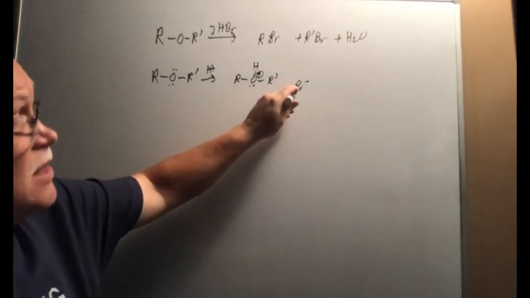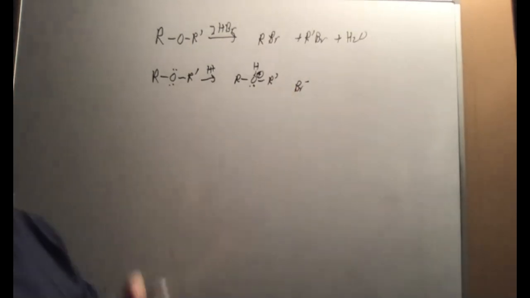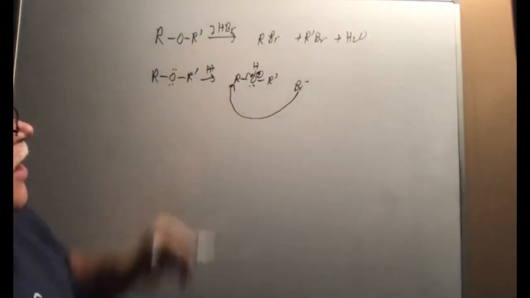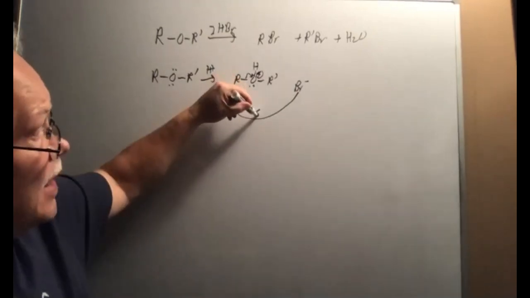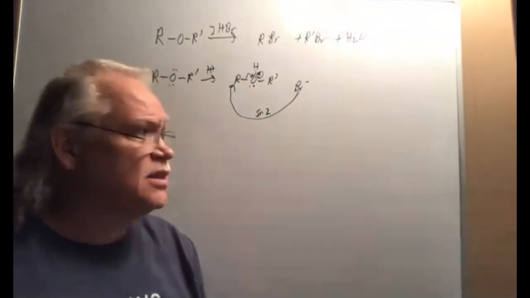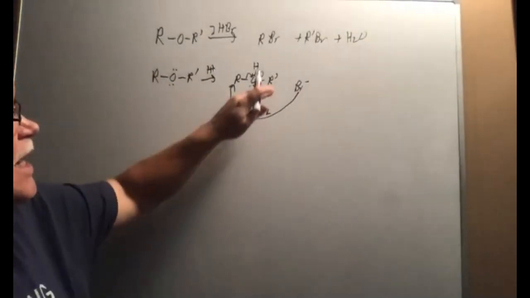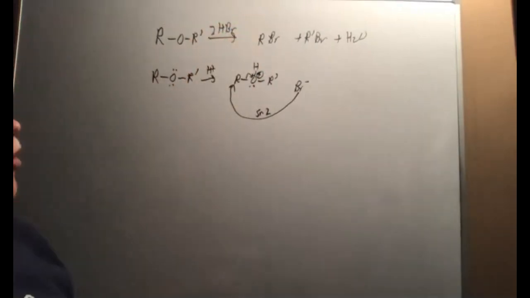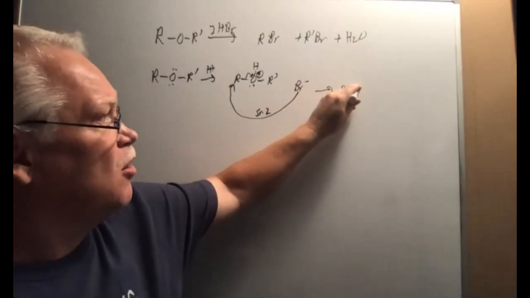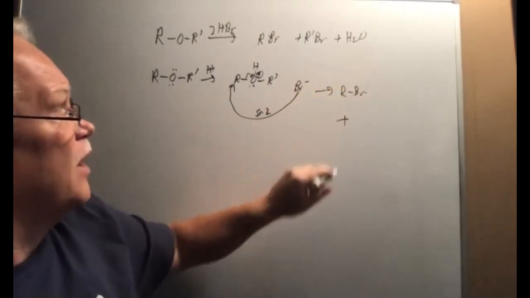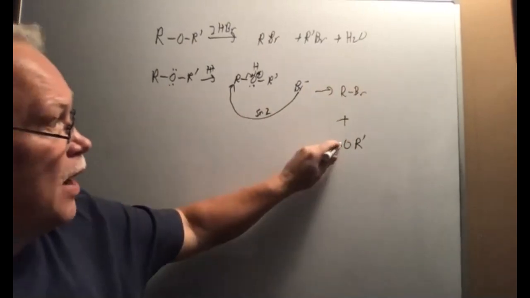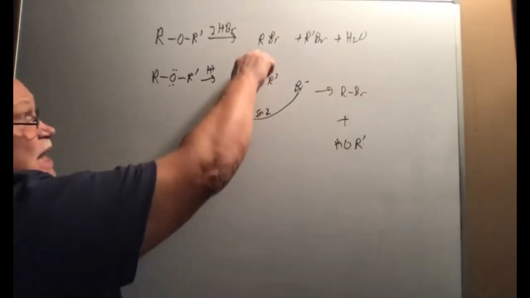The Br- then comes in and attacks one of the R groups, kicking this out. That's an SN2 reaction. Notice why it was so important for you to understand SN1 and SN2. That's just backside attack. By protonating this, we formed a good leaving group. So what's the product? RBr. What's the other product? R prime OH. Because that's what left.